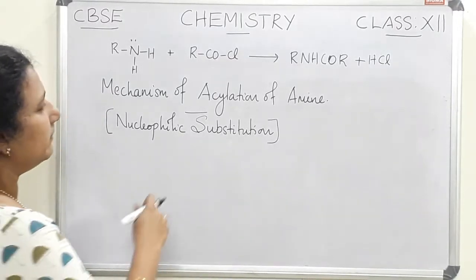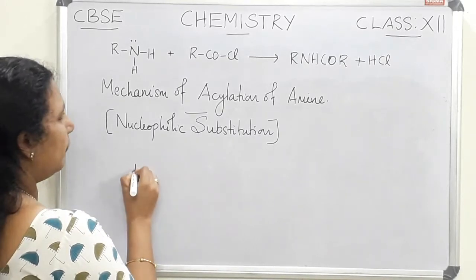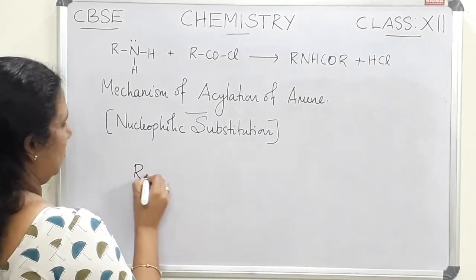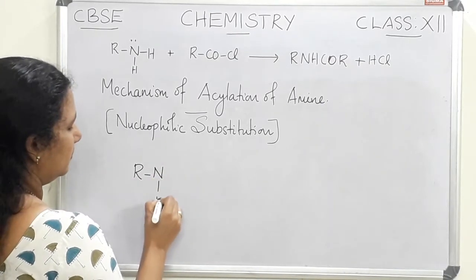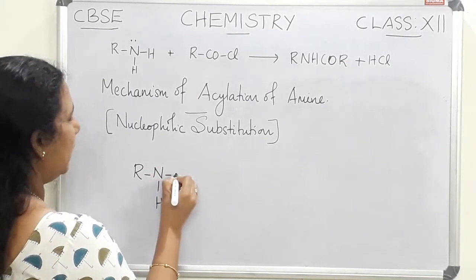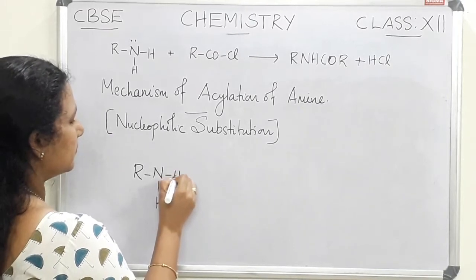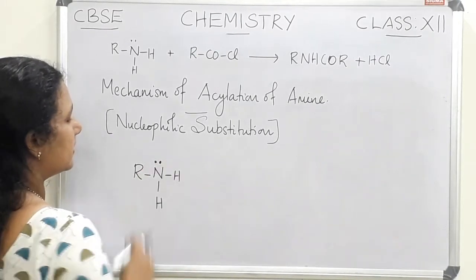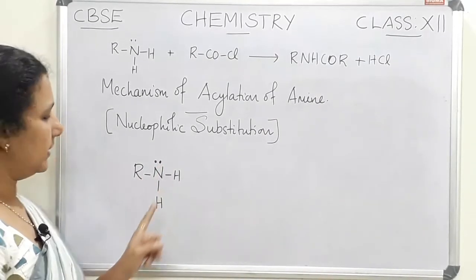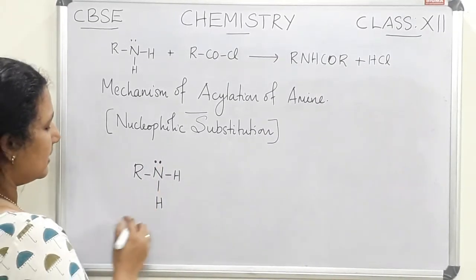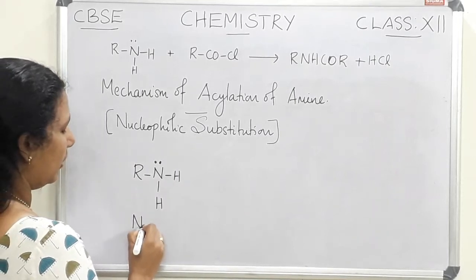So let us write the mechanism of acylation of amine. Here we can write the amine, the general formula of amine. We know that there is a lone pair of electrons on the nitrogen atom, and this acts as a nucleophile.